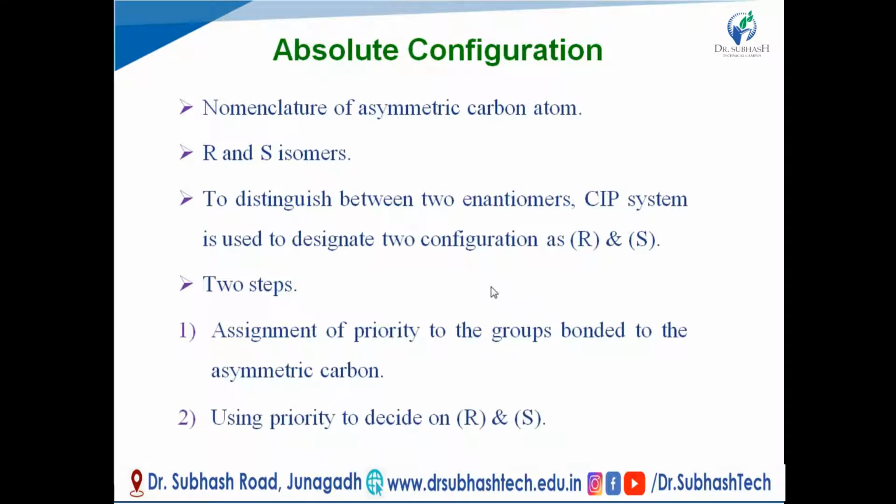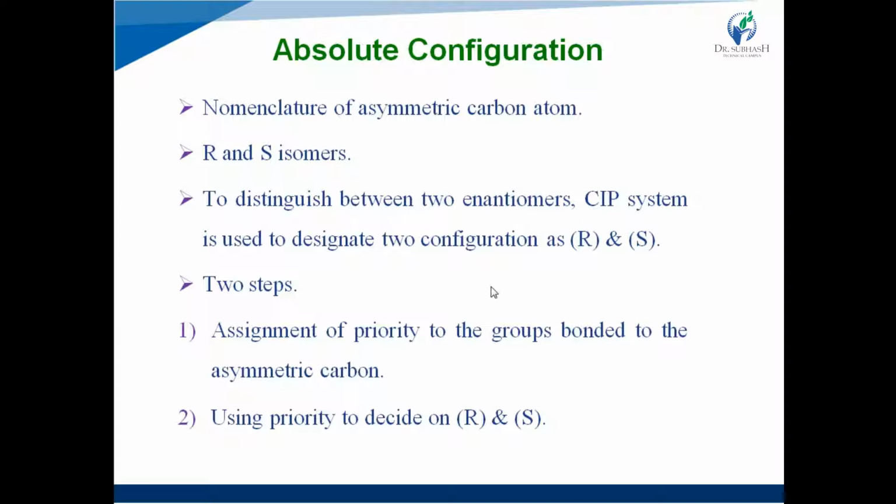Second step is using priority to decide on R and S isomer. After giving the numerical priority to the four different groups attached to the chiral center, it is decided whether the given enantiomer is the R or S isomer.